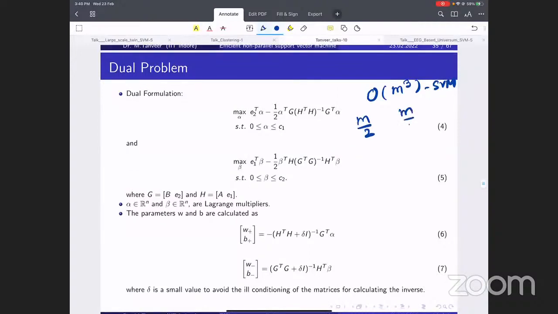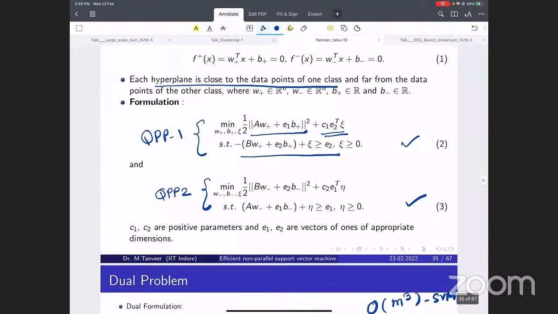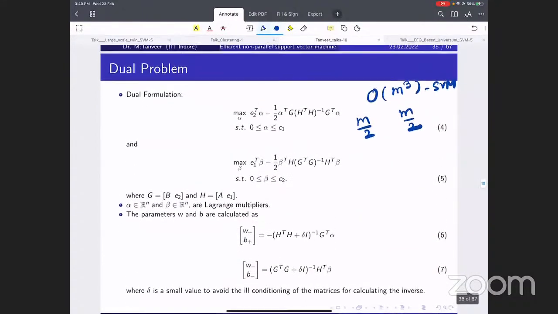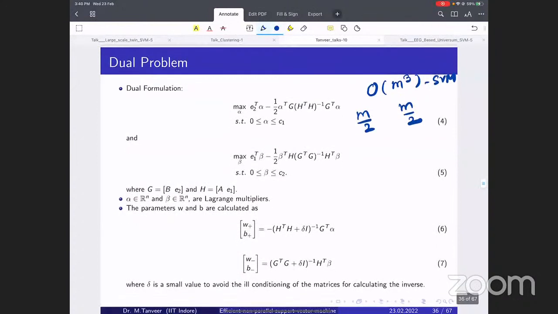This is not always possible when the problem involves class imbalanced learning, but suppose we have two classes with 50% of the samples each, so each problem is roughly size M by 2.